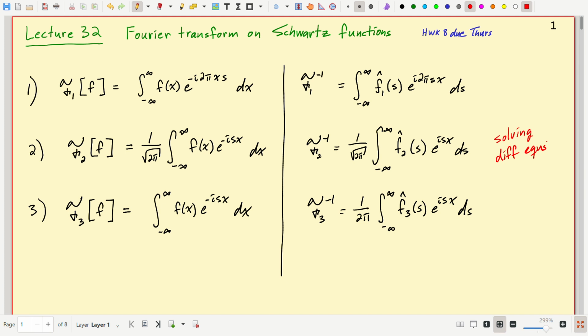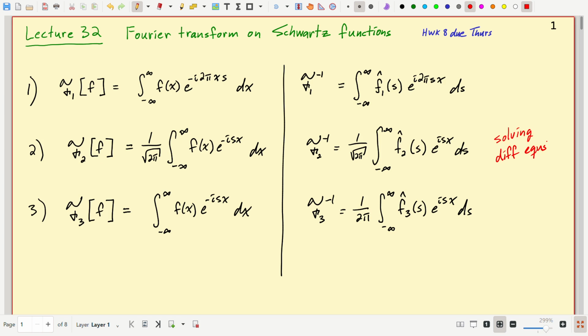So when you take the Fourier transform number 2 of f prime, it's i times s times the Fourier transform of f. And that's particularly easy to remember for solving differential equations. If you use number 1 for that, there'd be 2 pi's coming in, and they'd be kind of annoying.